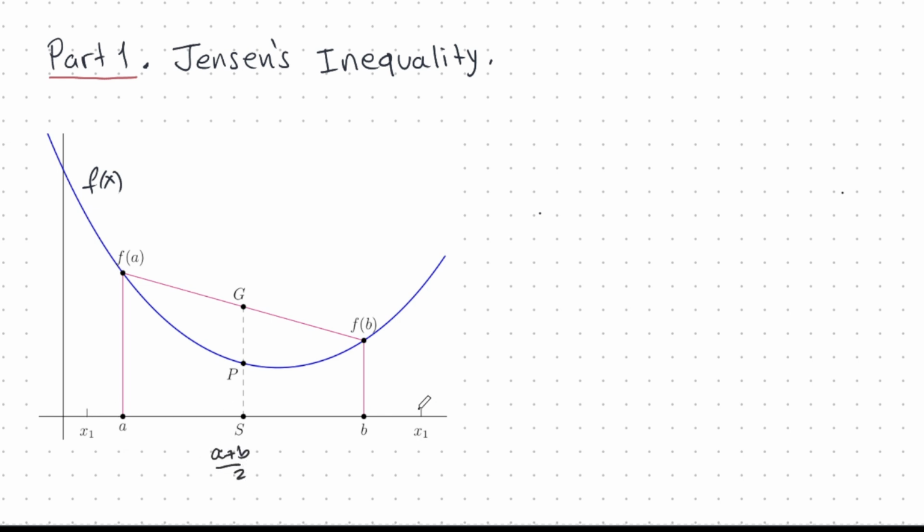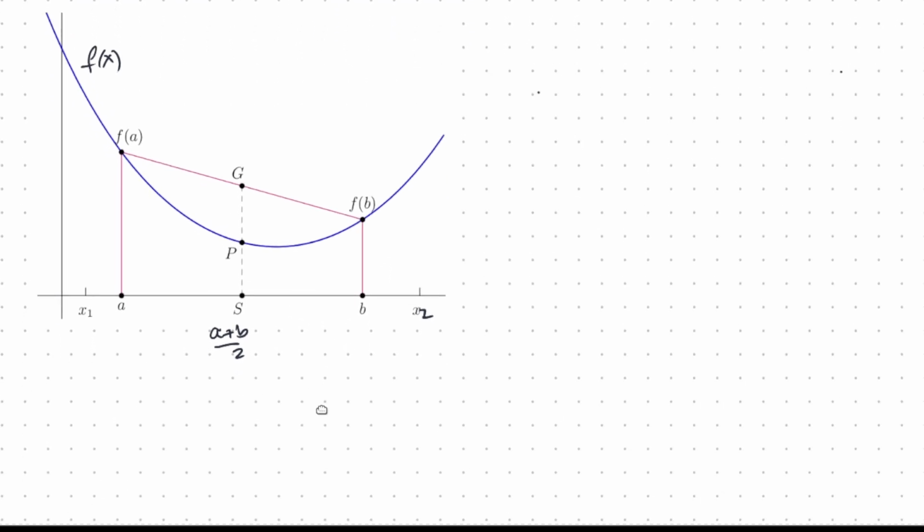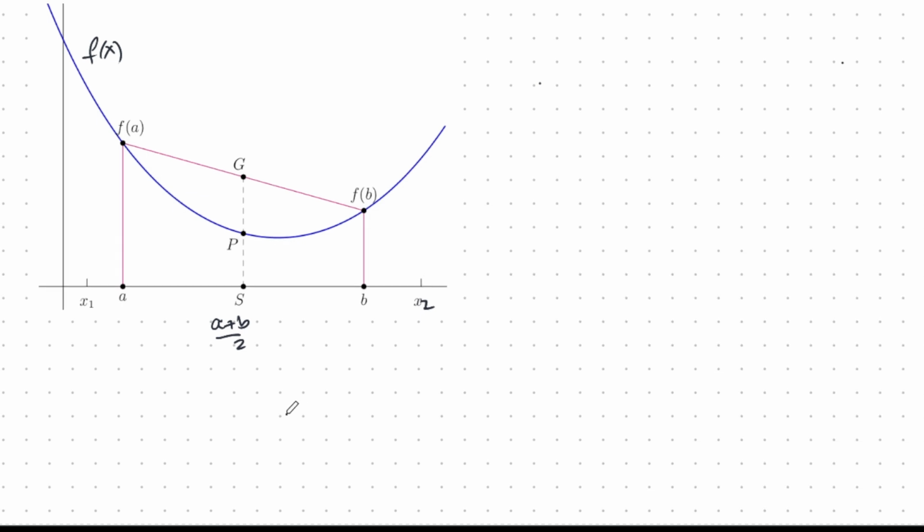And from x1 to x2, this is our region or domain of convexity where we're sure that f of x is convex. And we take this point G, and from this we derived an interesting inequality. We noticed that SP here, let's highlight this, SP is always less than or equal to SG.